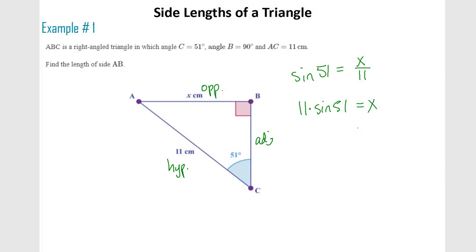Make sure it's in degrees. Okay, we plug that in. We should get 8.548 and so on, to 3 significant figures. We would get 8.55 centimeters.